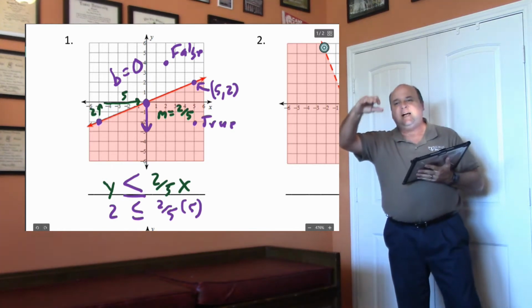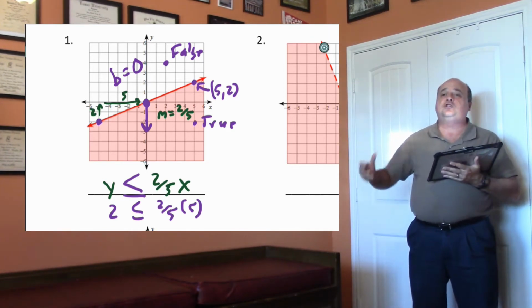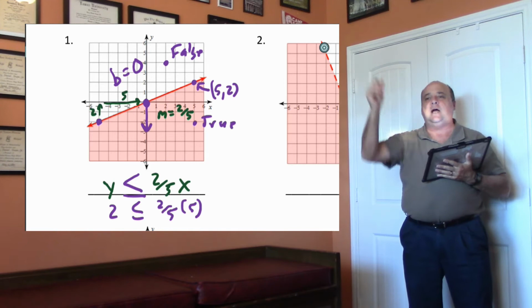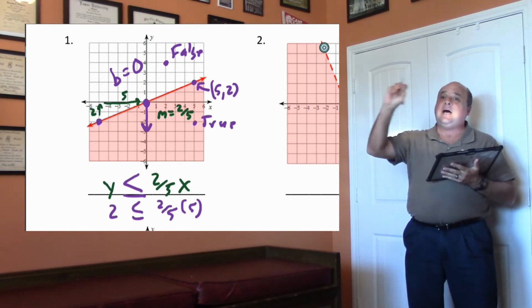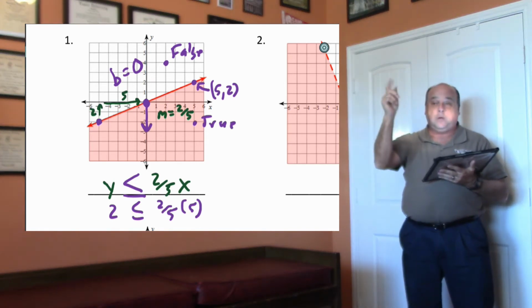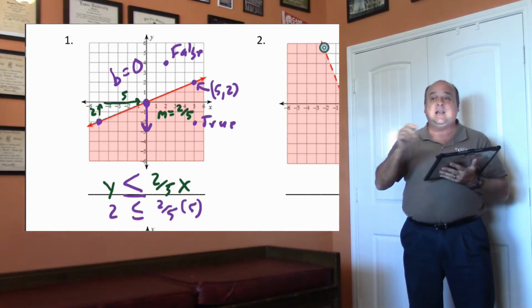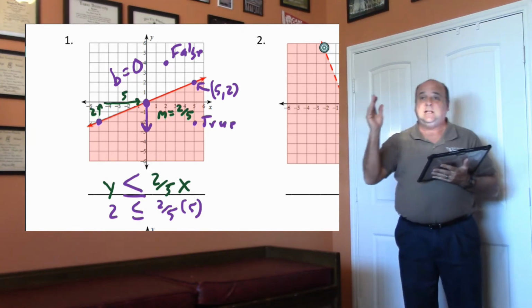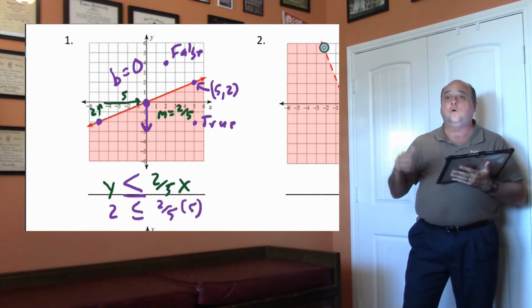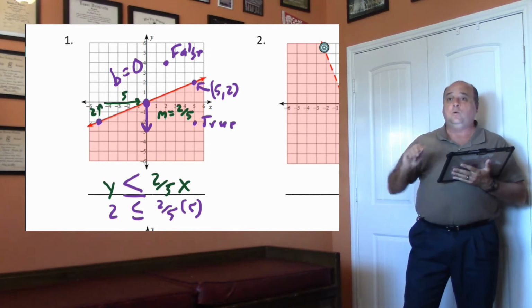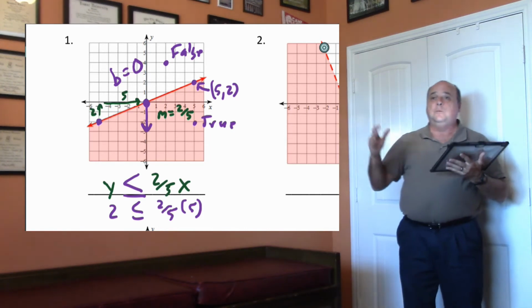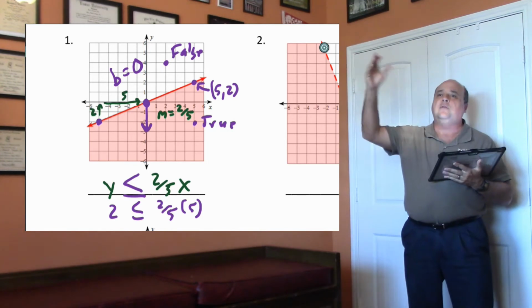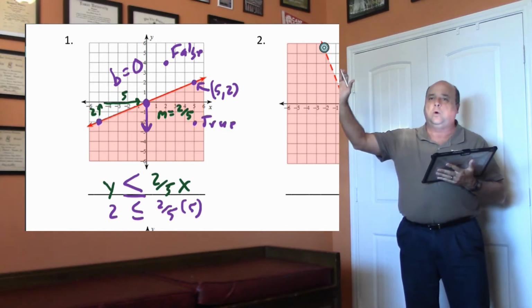So all of the dots below the line would be true. All of the dots above the line would be false. Any dot on the line would be equal, so it would be true because the line is solid. If the line's dashed, you put a less than or a greater than symbol, and it will not have the equal bar. So basically, you're shading the part of the graph where all the dots will work.